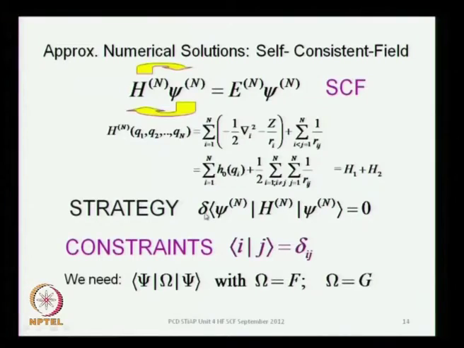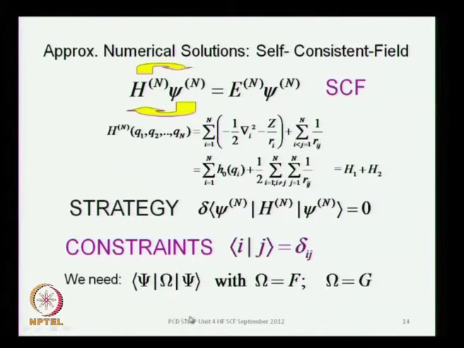So, to get this variation in the expectation value of the Hamiltonian, this is the expectation value of a certain operator which is the n electron Hamiltonian, but the n electron Hamiltonian is made up of two pieces, the 1 electron part and the 2 electron part, F and G or H1 and H2, however you call them, right.